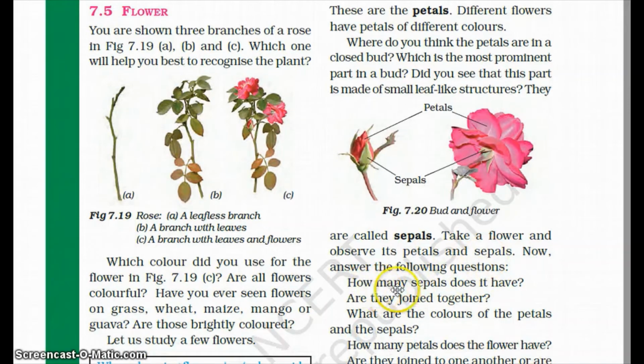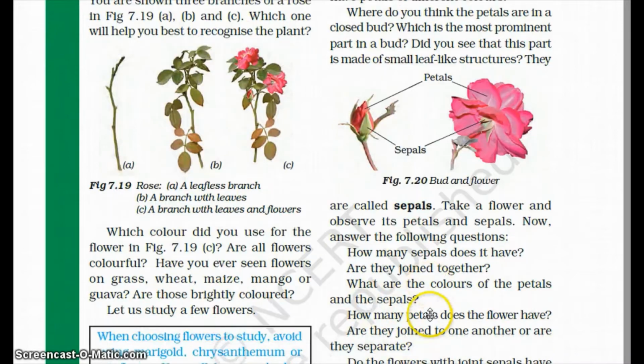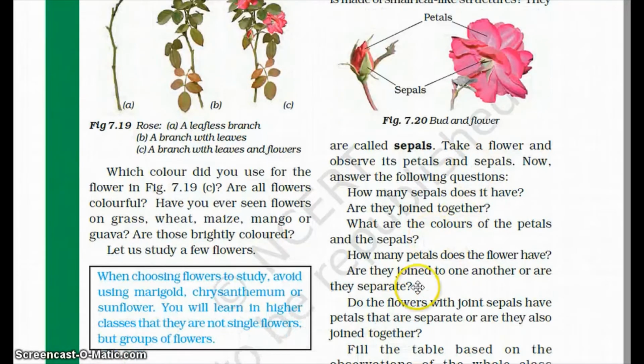You have to count how many sepals it has, and whether they are joined together. What is the color of petals and sepals? Firstly, you will check the number of sepals and number of petals. Then you will check whether they are joined together or separate.